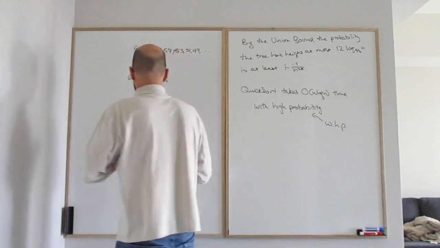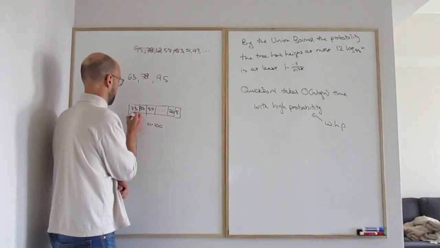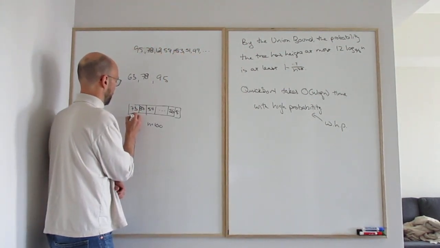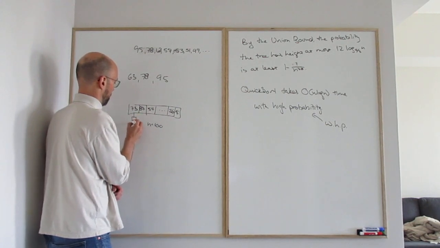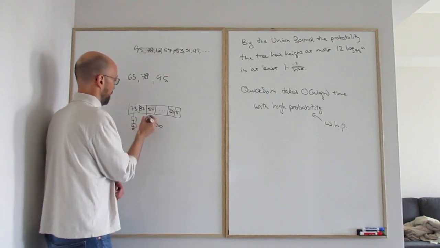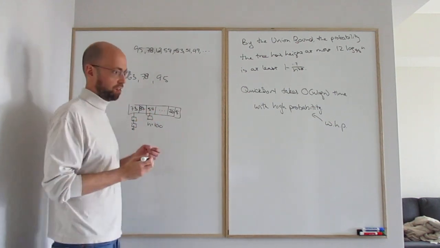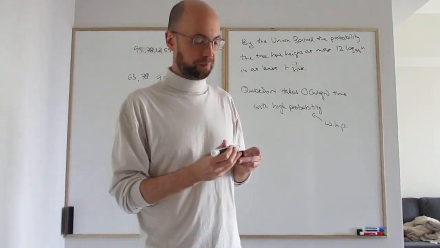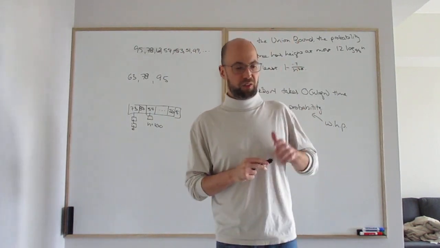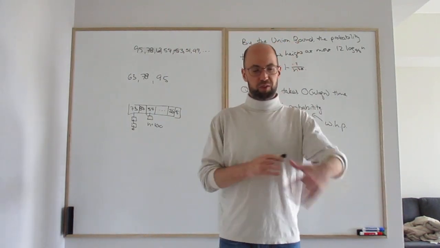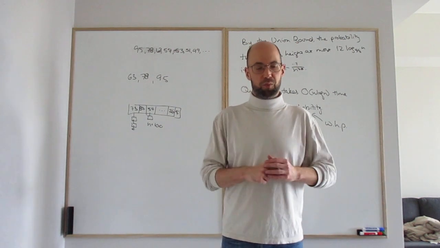But maybe these have satellite data, like some linked list. Each of these has some stuff attached to them, and you want to sort the stuff. Then you can't just output the numbers from 1 to 100.